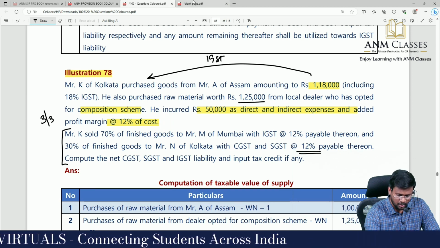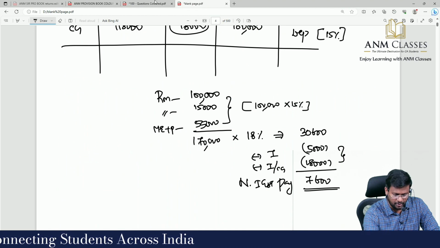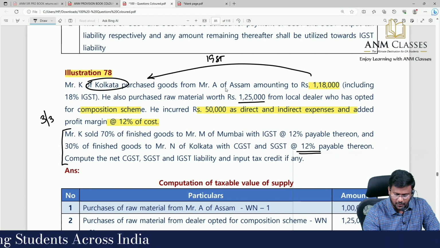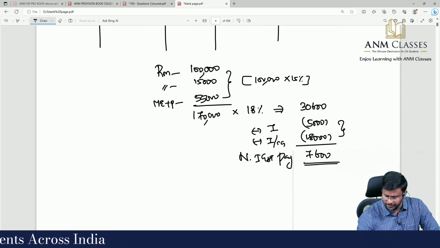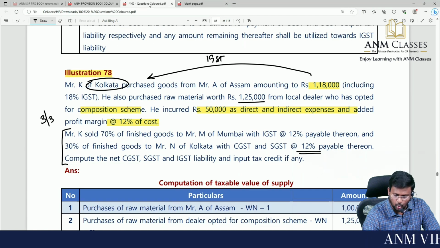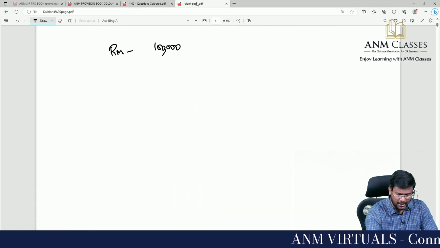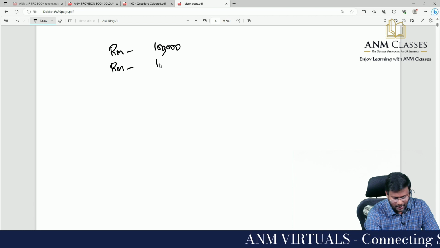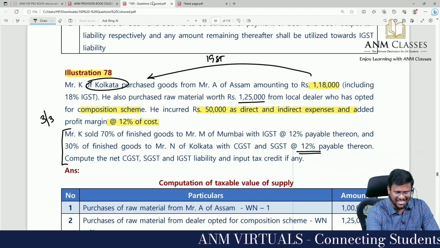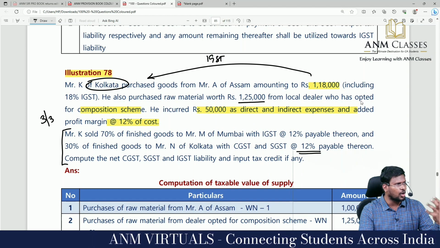So you tell me, Mr. K of Kolkata purchased from Assam. Total comes so much. First raw material 1 lakh rupees is the cost, because the total including tax is 1,18,000. He also purchased raw material of 1,25,000. Since he has purchased from a composition dealer, no tax would have been paid.